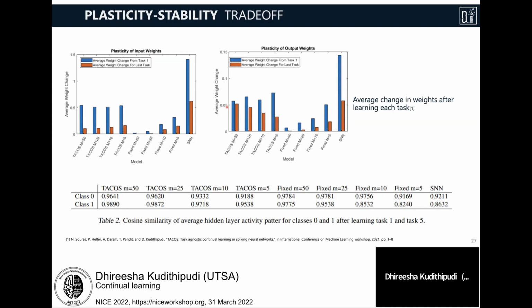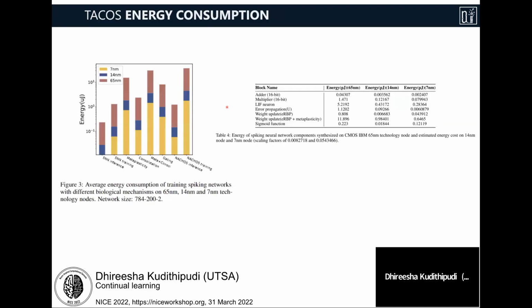We also see much better retention of knowledge by looking at the higher cosine similarity across different metaplastic rates. We also did energy consumption analysis across 3 different technology nodes. And we see that metaplasticity is slightly expensive, at least in our current implementation, compared to consolidation-based mechanisms. So there is some room for improvement in how we are realizing these kinds of mechanisms.